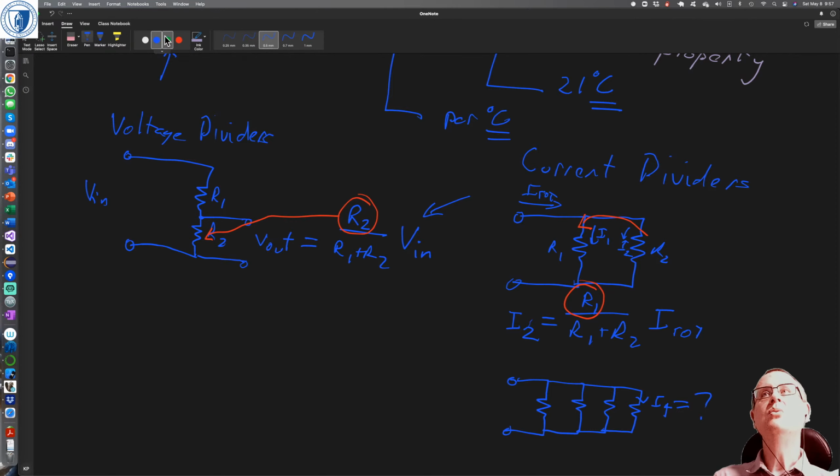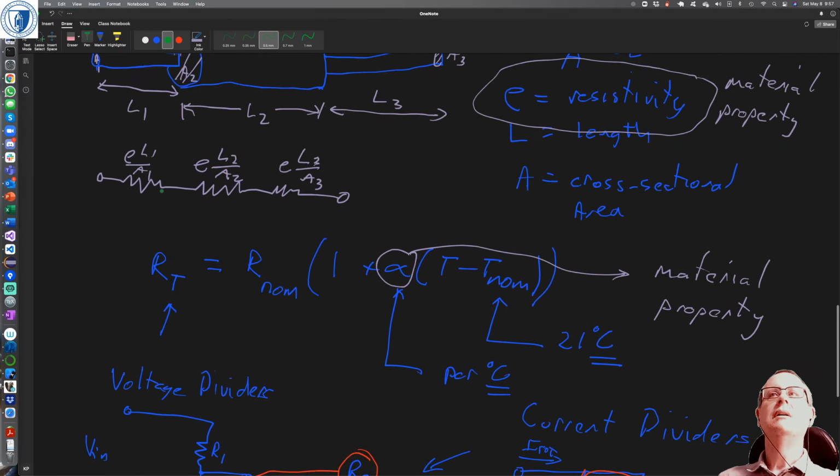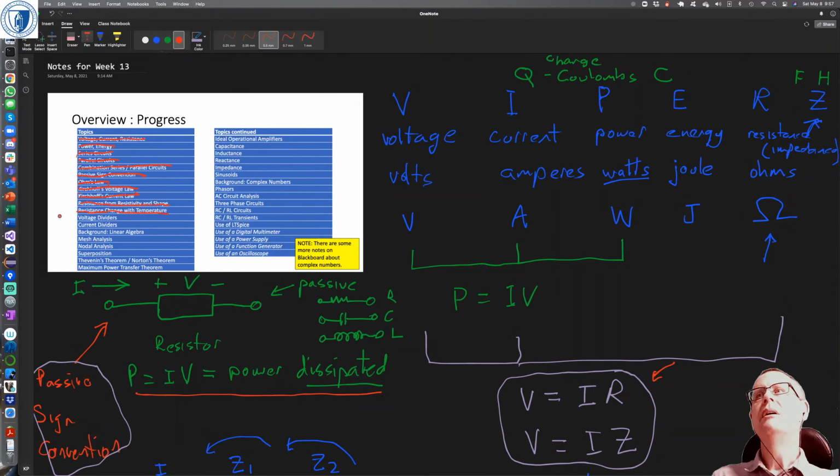So what you've got to do is basically find the equivalent resistance of those three other branches in parallel before you do the current division, before you use this equation. Okay, so there we go. We've got voltage dividers and current dividers covered.